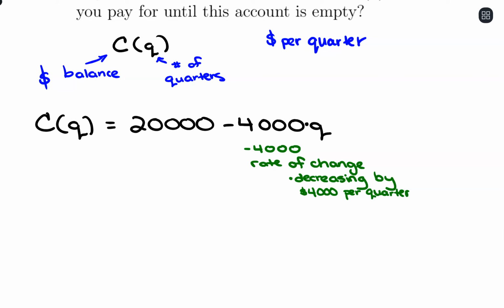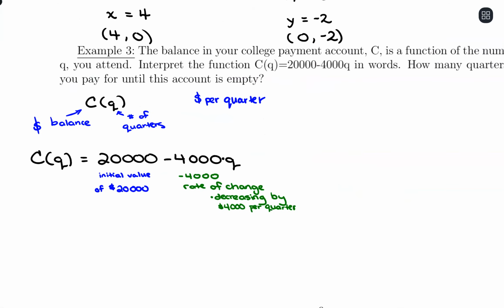Then we have this 20,000 here, and this 20,000 is that fixed cost, or it's like our initial value. So what we could do is think of this as our initial value of, and this would be a cost, $20,000. So this right here is the college payment account, and we're talking about the balance of this account.